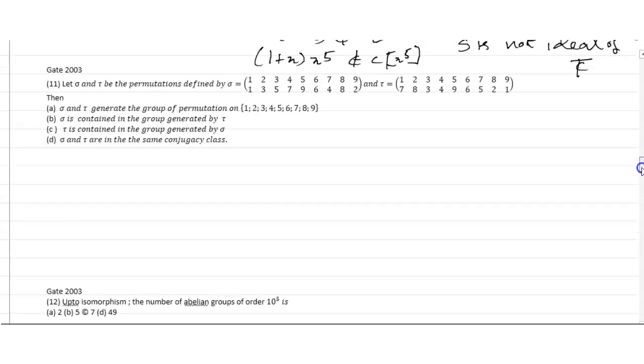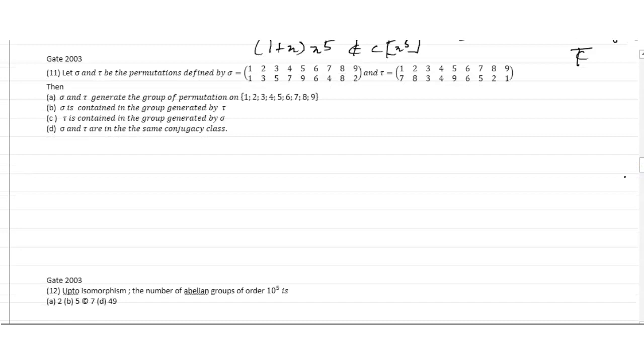Next we will solve GATE 2003. Sigma is equal to (1 2 3 4 5 ...) and I can write it in cycles this way: 1, then 2 3 5 9, then 4 7, and also 6 8.